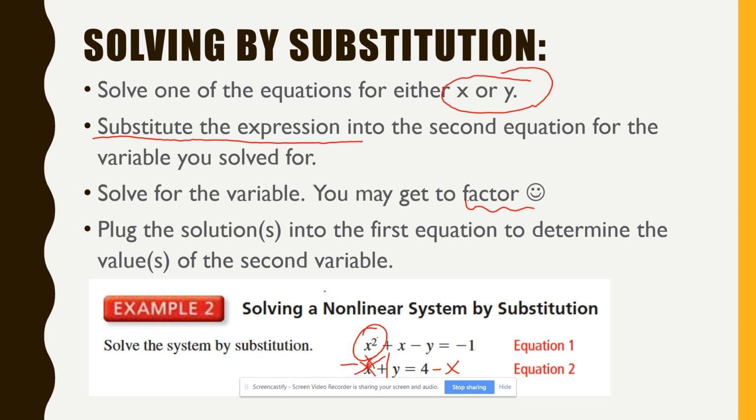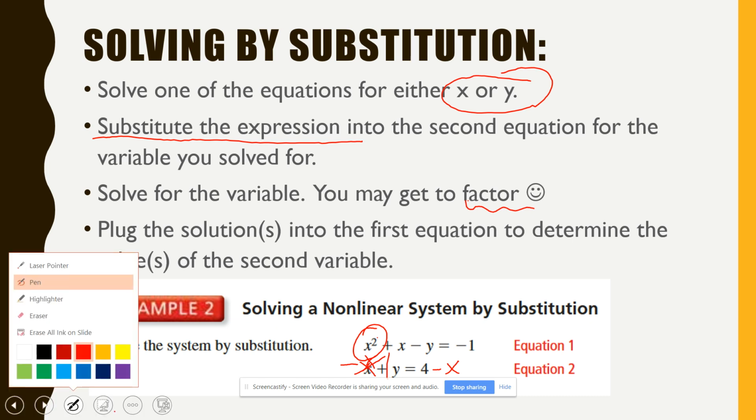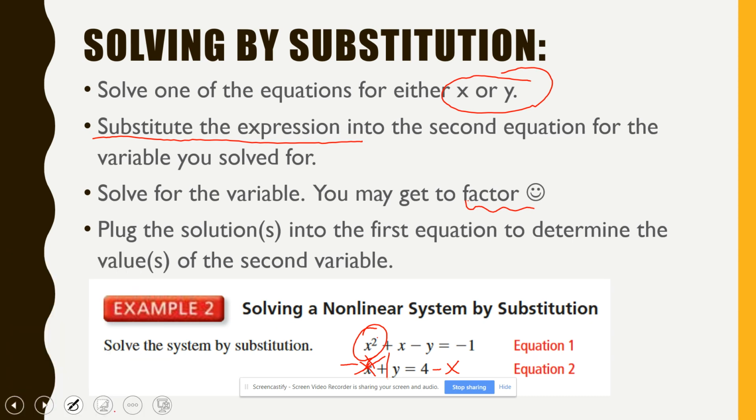I'm going to take that and plug my 4 minus x in for this y right here. So that's going to give me x squared plus x minus (4 minus x) in for the y is equal to -1.